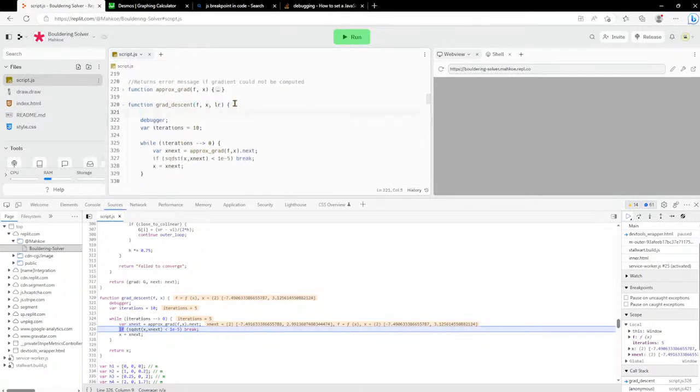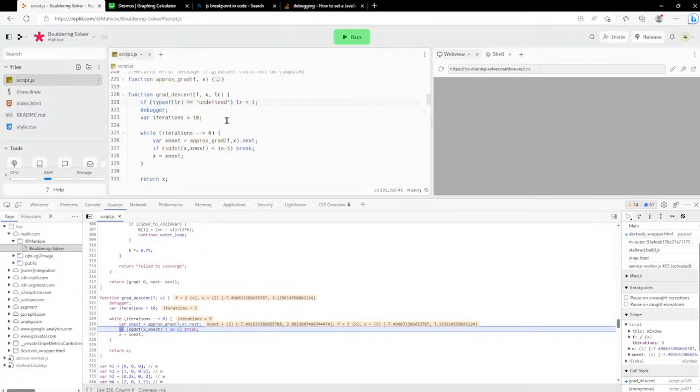So, if type of LR is undefined, then we'll just do LR equals 1, right?